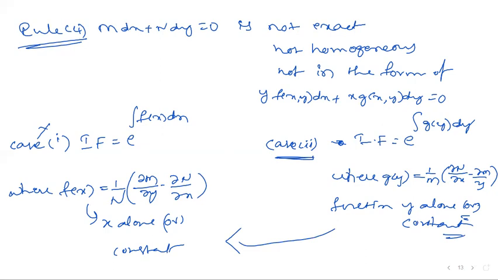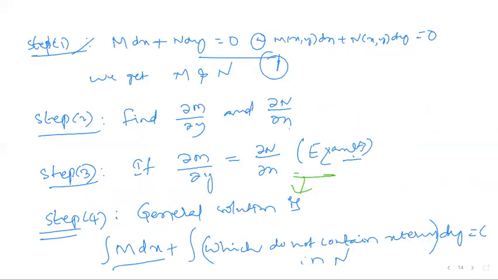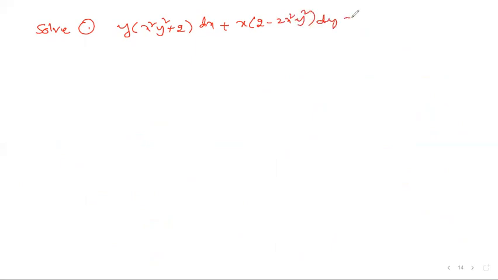Okay, now solve one problem. Solve y(x²y² + 2) dx + x(2 − 2x²y²) dy = 0.